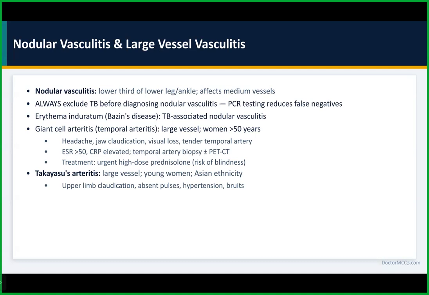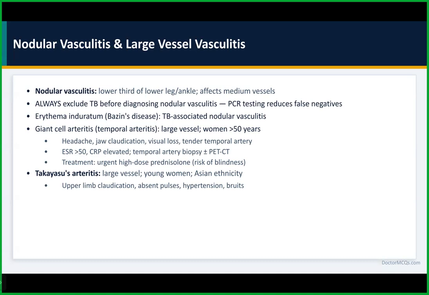The diagnosis can be made by biopsy or PET-CT of the patient. Treatment is urgent high-dose prednisolone because it can cause loss of vision. So prednisolone 50 to 60 milligrams per day will be started for the patient, with direct referral to the ophthalmology or rheumatology department.